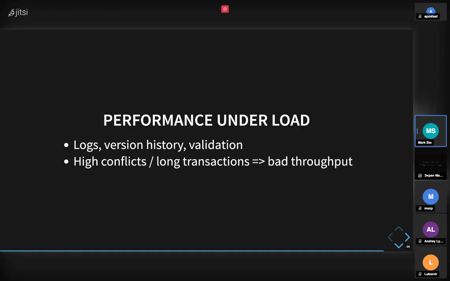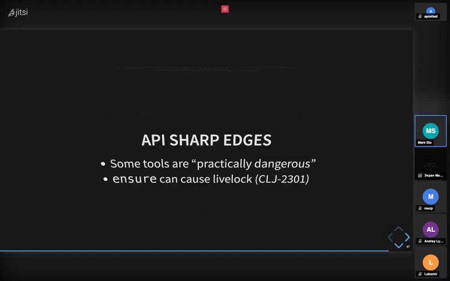Actually, that's the same point that Zach Tellman makes in his brilliant book, but about using a single atom. So in practice, this means that STM behaves well under moderate concurrency and sufficiently coarse-grained state, but with high conflicts and/or long transactions, throughput becomes unpredictable.